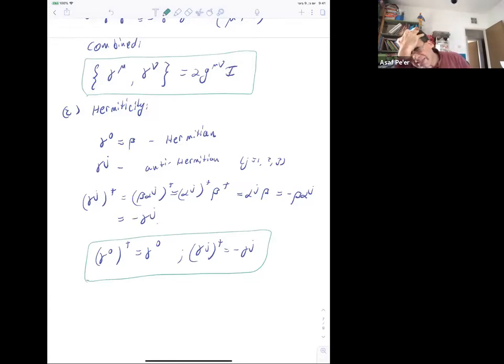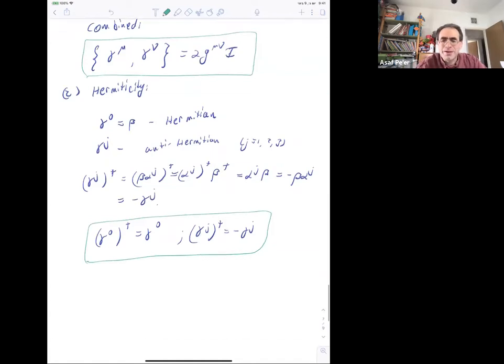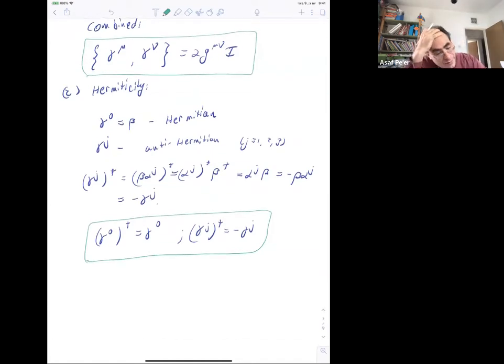Now, in principle, that's everything we need to know about these gamma matrices. This is something which takes time to understand. At least for me, it took time to understand when I was a student. We can take these matrices and represent them in all sorts of ways that we want to. But in practice, when I ask you to write these matrices, you're going to write them down using a certain representation.